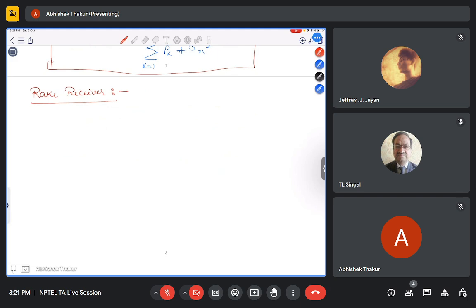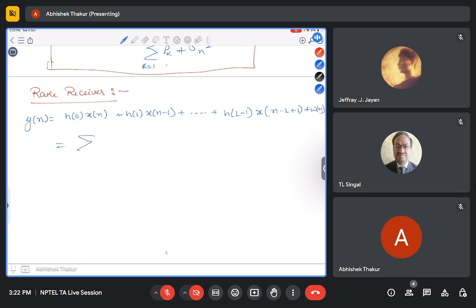So we can write the received signal y of n equal to h of 0 x of n plus h of 1 x of n minus 1 plus h of L minus 1 x of n minus L plus 1 plus noise w of n.